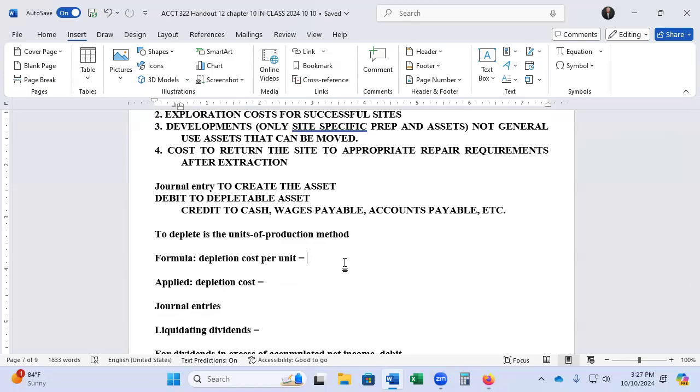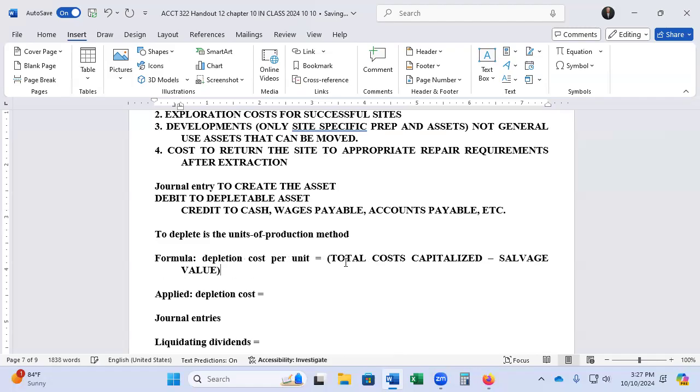So this is another one that's very similar to using manufacturing overhead. And what we do with the formula for depletion cost per unit is we take the total costs capitalized minus any salvage value and we divide by the total expected units of production.